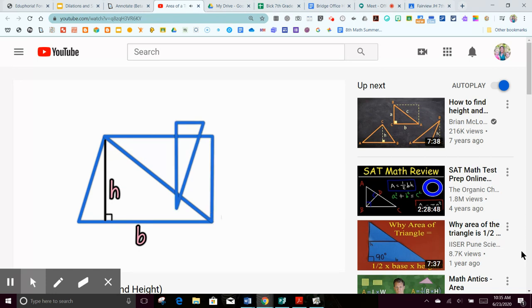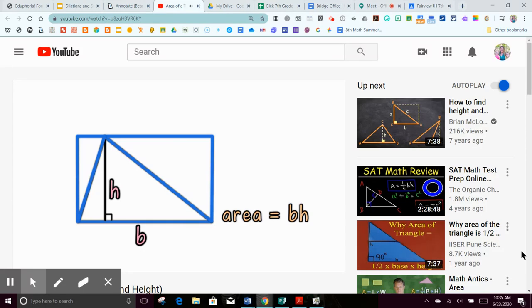Slicing the triangle and moving the sliced part to the other side, you get a simple rectangle whose area is BH. BH is for both triangles, so just 1 is half of BH.